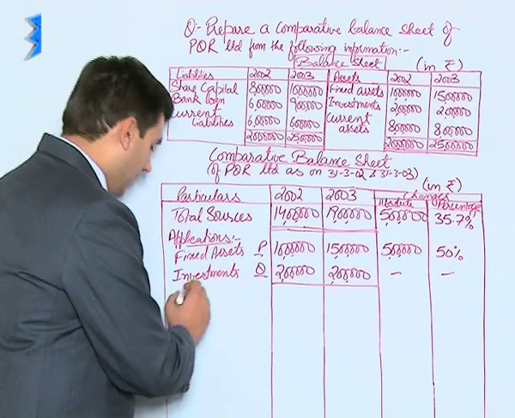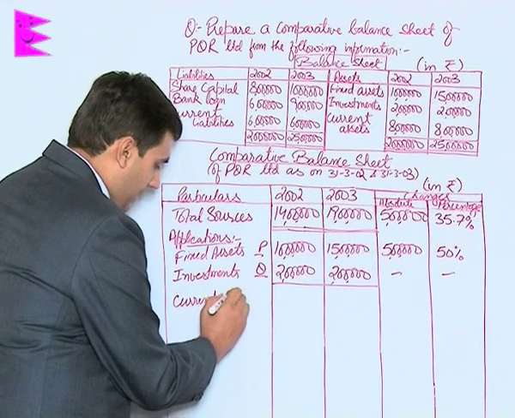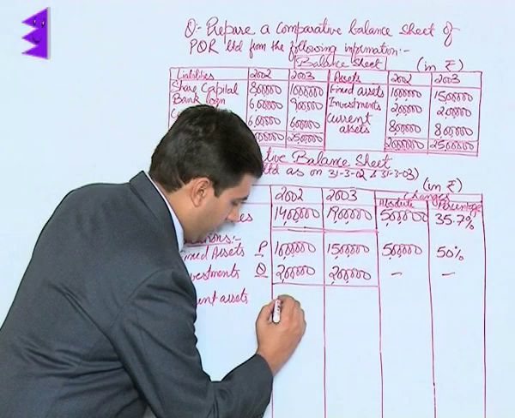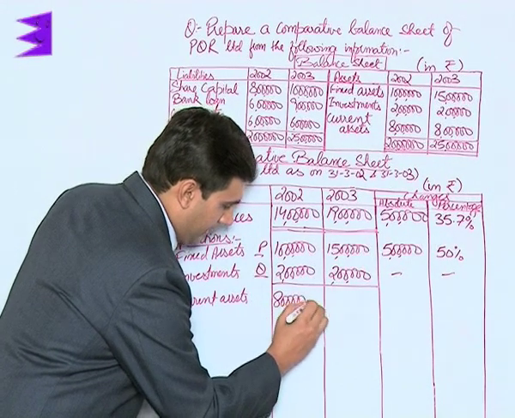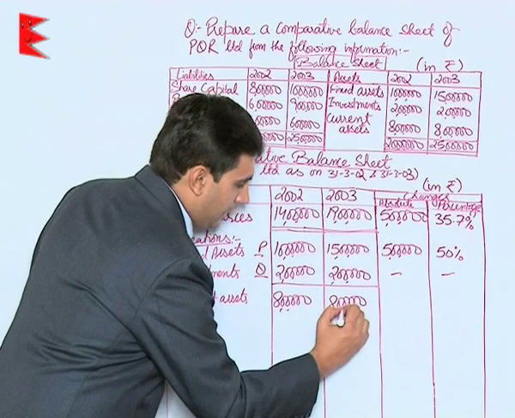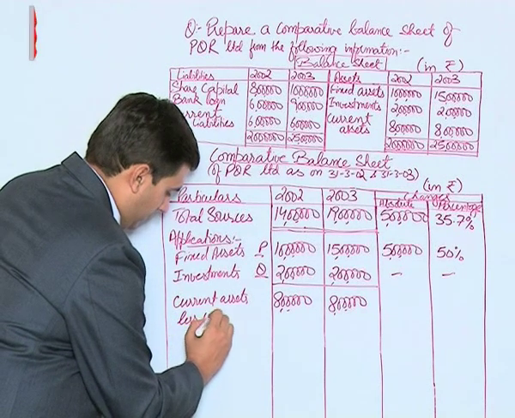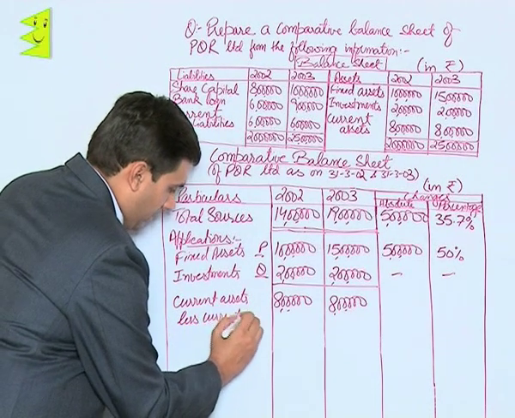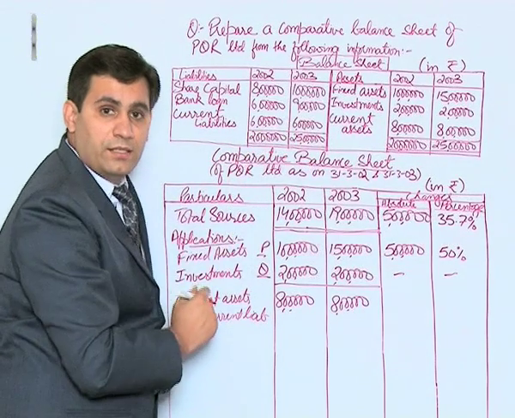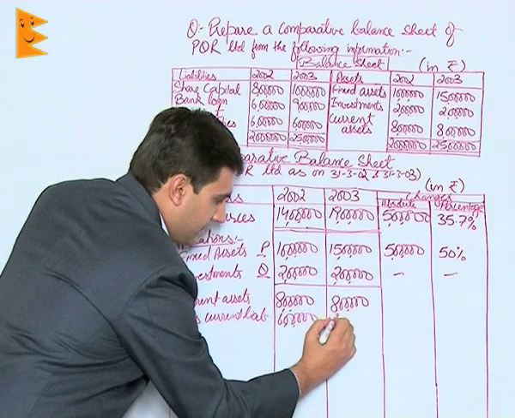Then we come to the next part, that is current assets. The current assets for the first year were 8 lakhs and for the second year also they are 8 lakh, less current liabilities, which for both the years are 6 lakhs. So 6 lakh and 6 lakh here.